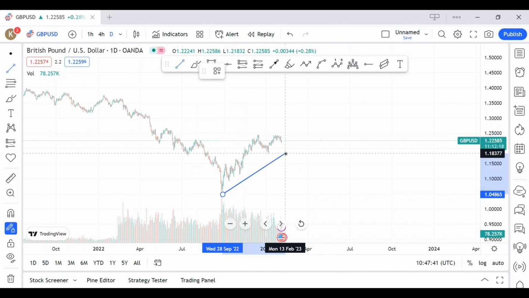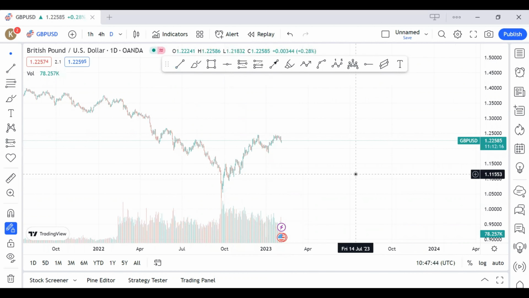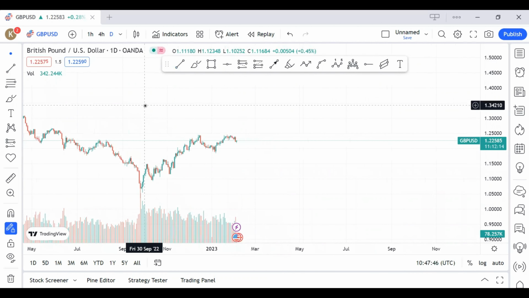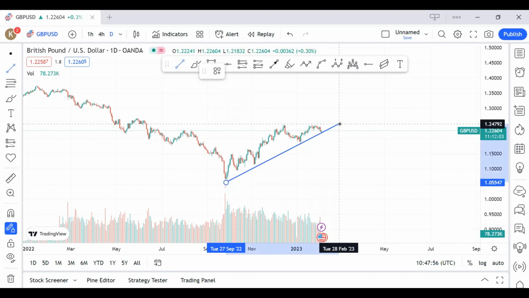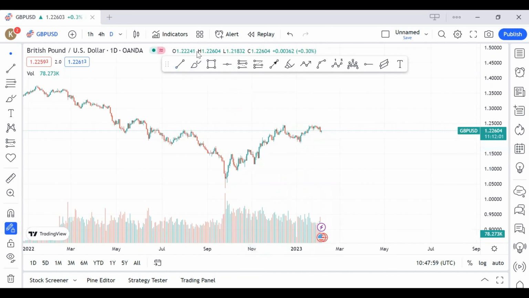So let me quickly zoom in so you can see the chart properly. Always make sure, guys, that you zoom in and out of your charts to have the full view of what the market is doing.